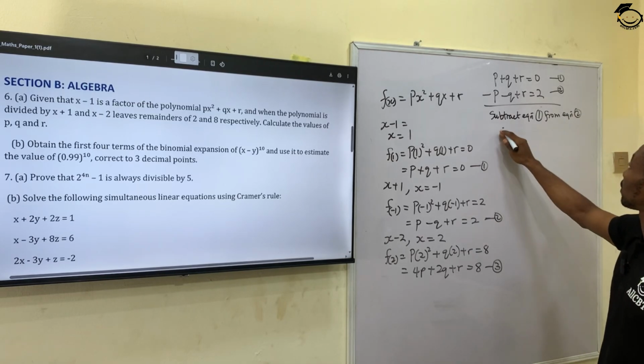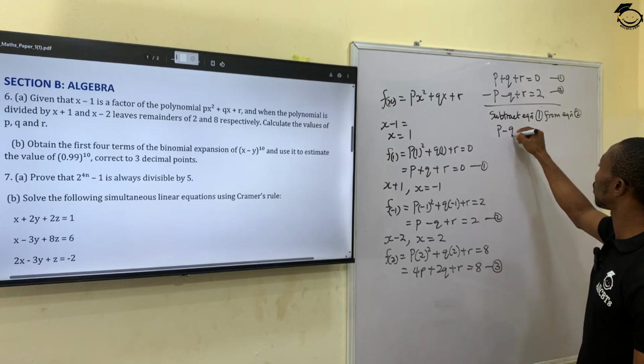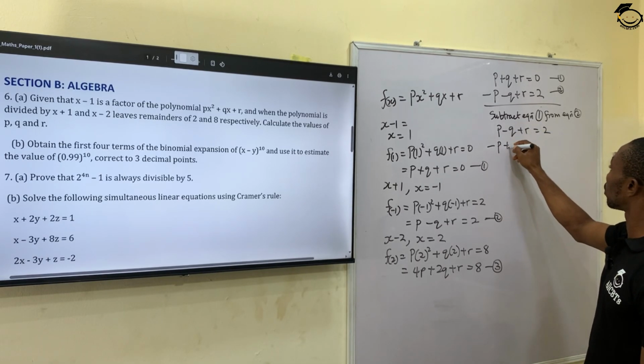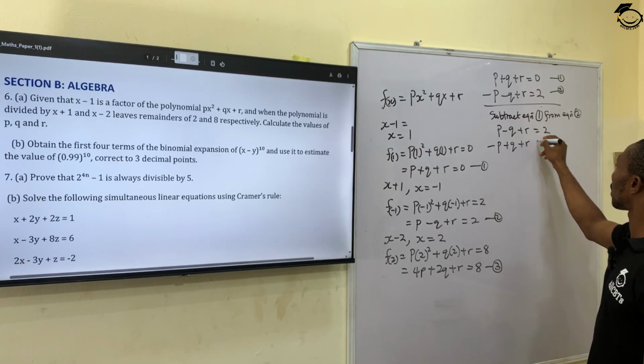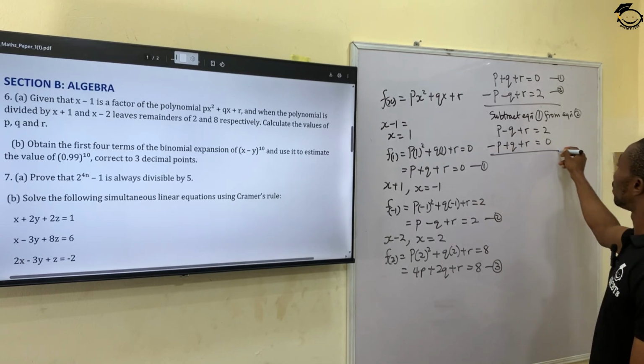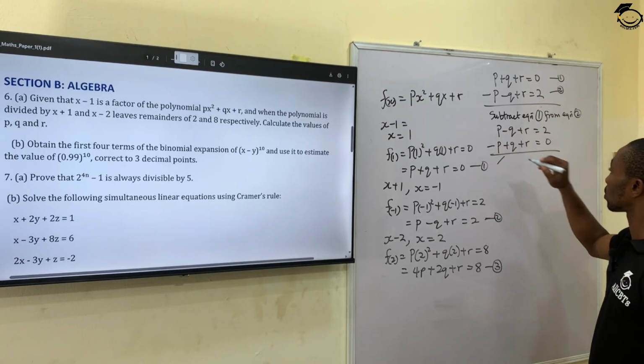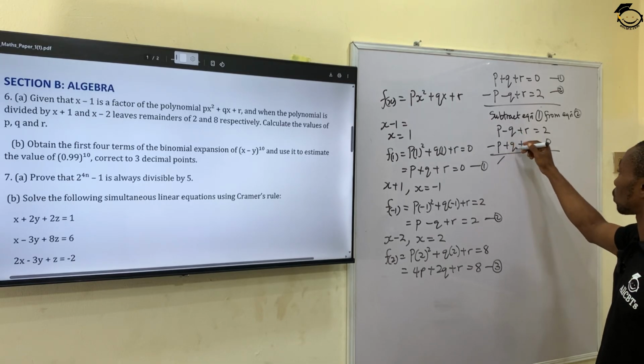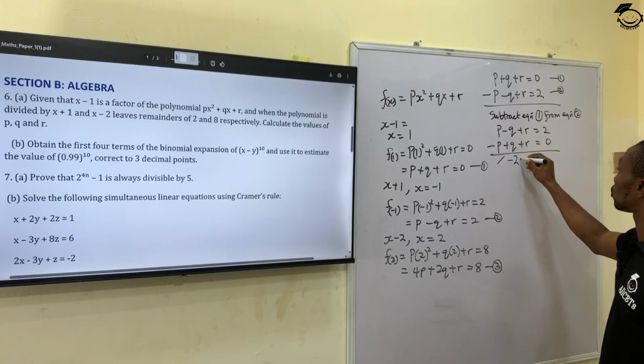So we are going to have p minus q plus r equals 2 minus p plus q plus r equals 0. Now doing this, p minus p will cancel out. Minus times plus will give us a minus. Minus 1 will give us a minus 2q.